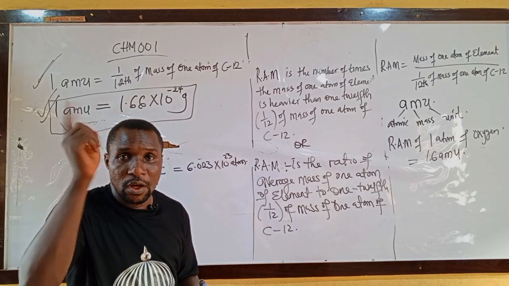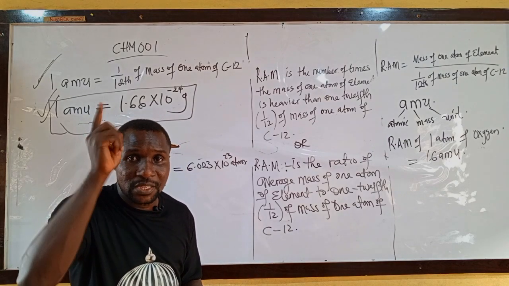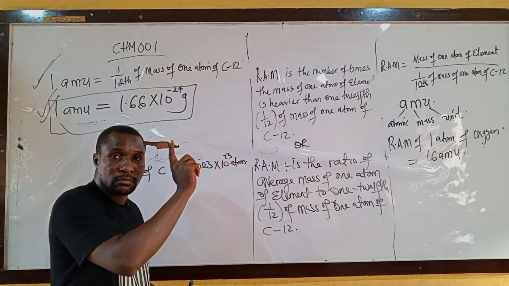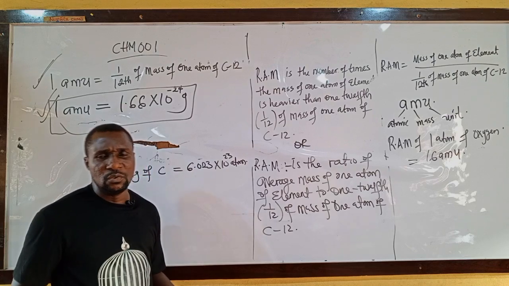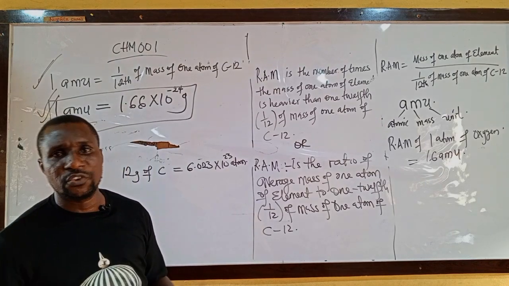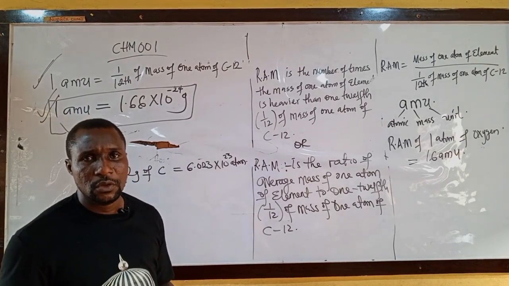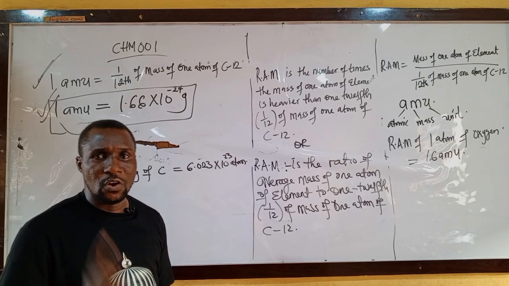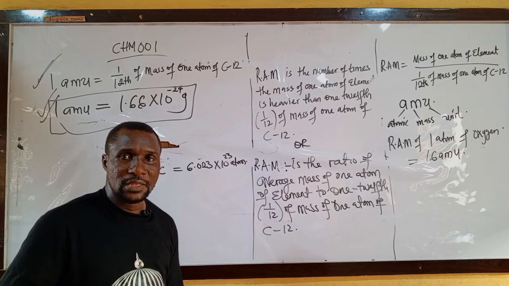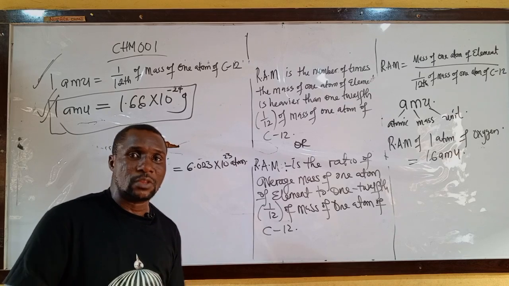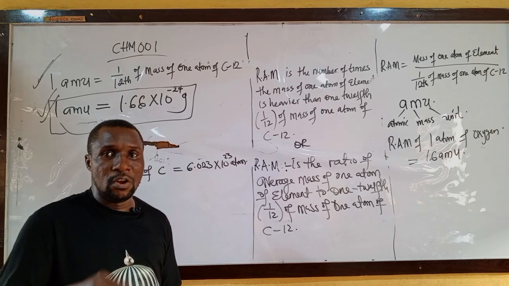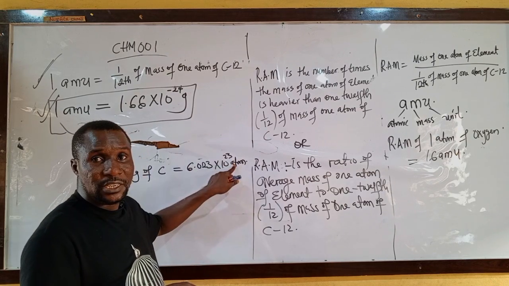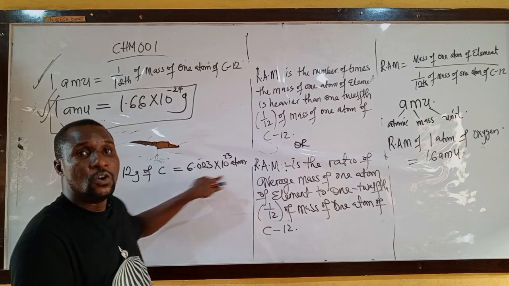This is from stoichiometry, mole ratio, and Avogadro's constant. The number of atoms that can be found in 1 mole of a substance is 6.023 times 10 raised to power 23, which is Avogadro's constant.